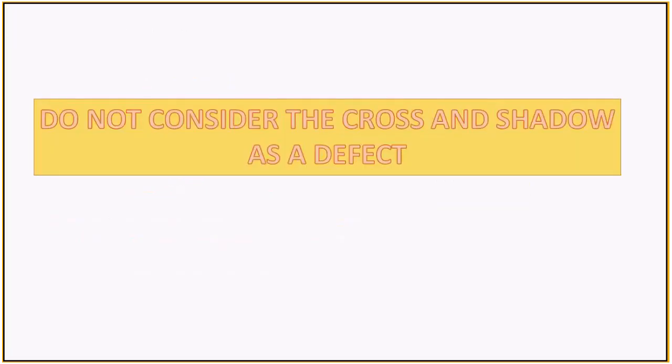And one instruction, maybe you will find some kind of cross or shadow in between, because I have just taken it from Google. So if you find any cross or shadow on the balls, that will not be considered a defective ball. Okay, so I'm giving you 16 seconds, like almost 1 second per ball. Okay, let me be a little bit flexible. So I'm giving you 20 seconds to see the balls and write your answer.